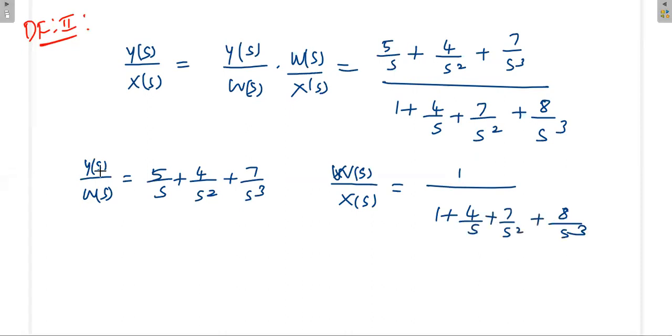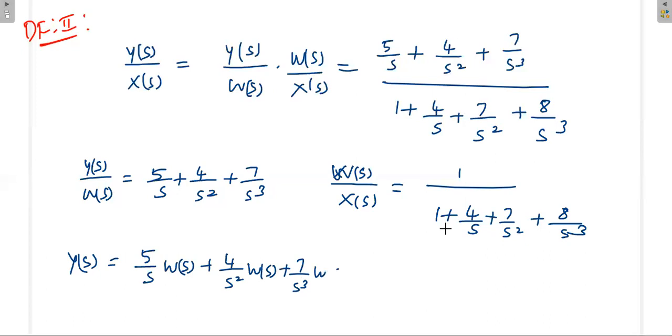Okay, now this is Y of s with respect to W of s. This we can directly implement just by writing like this: Y of s is equal to 5 by s W of s plus 4 by s square W of s plus 7 by s cube W of s. But this, if you cross multiply, you will be getting X of s with respect to W of s.